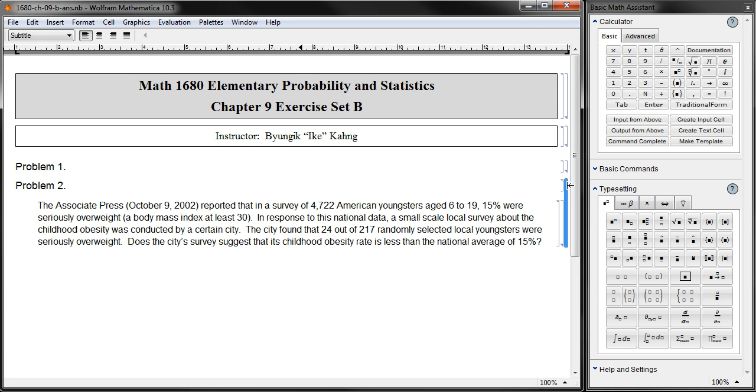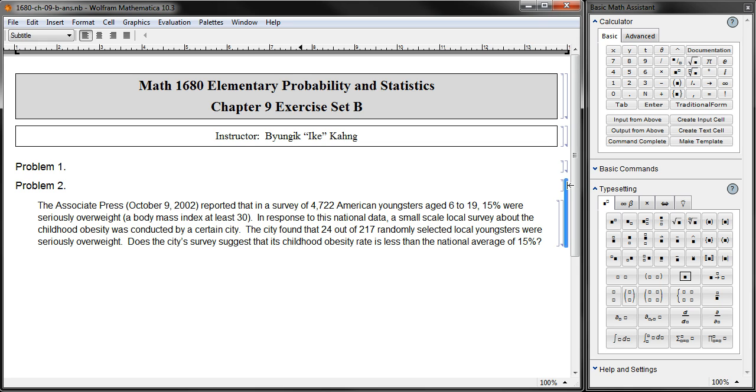The Associated Press reported that in a survey of 4,722 American youngsters aged 6 to 19, 15% were seriously overweight, meaning a body mass index of at least 30. In response to this national data, a small-scale local survey about childhood obesity was conducted by a certain city.